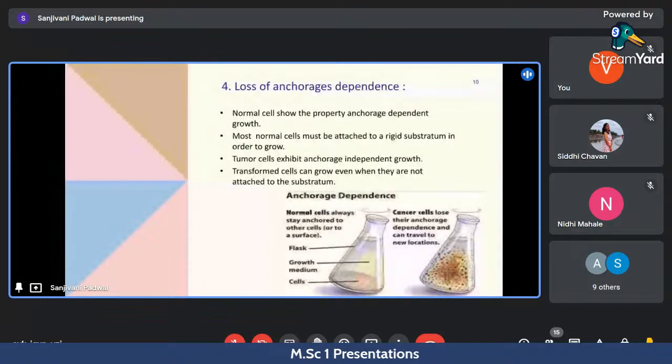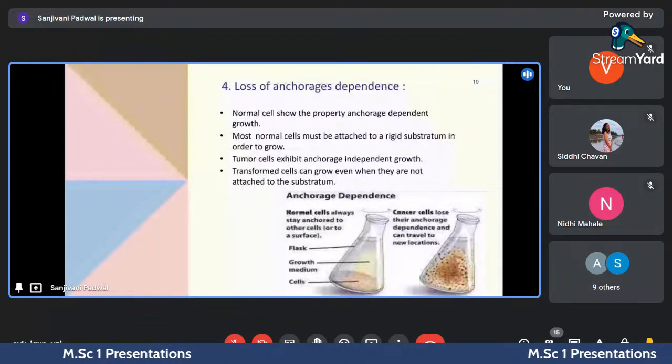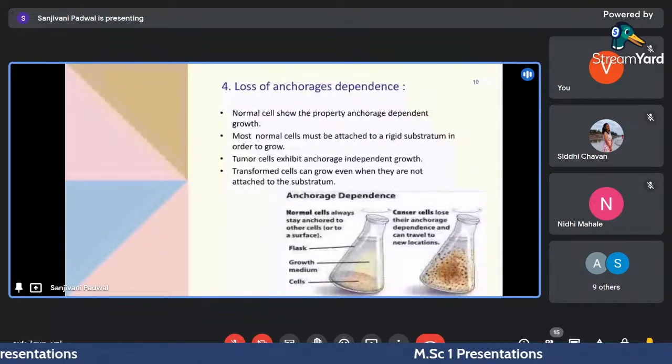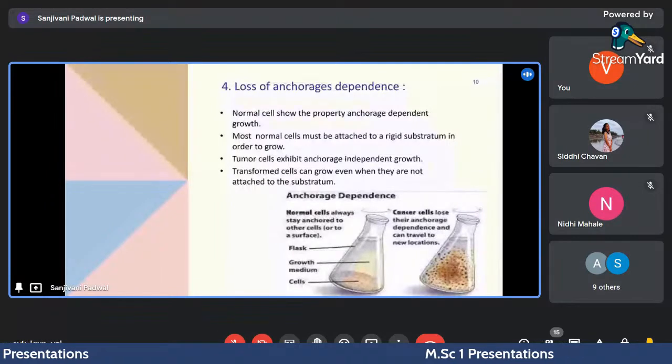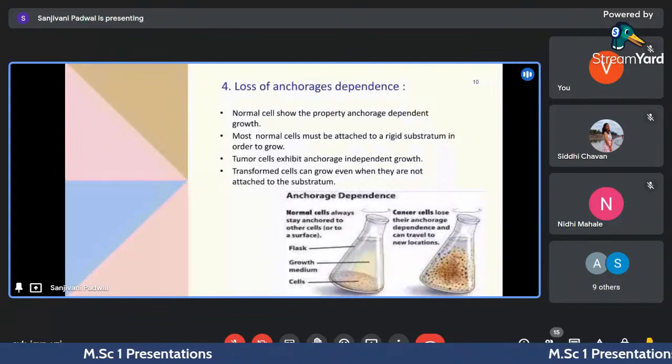Tumor cells exhibit anchorage-independent growth. Tumors do not require a rigid substratum for growth. They are able to grow in liquid or semi-solid media. Transformed cells can grow even when they are not attached.